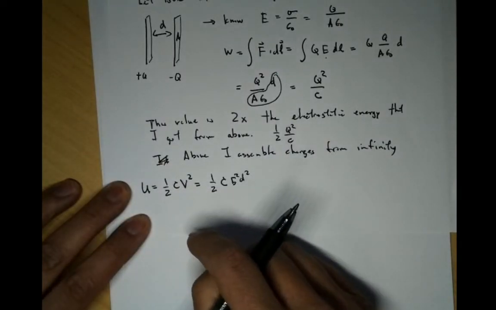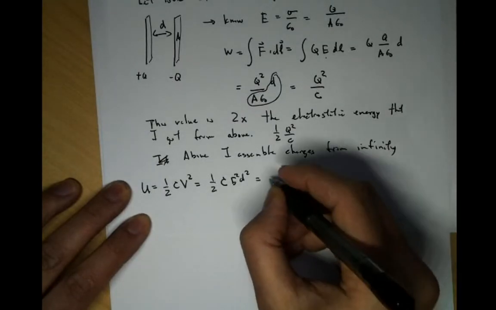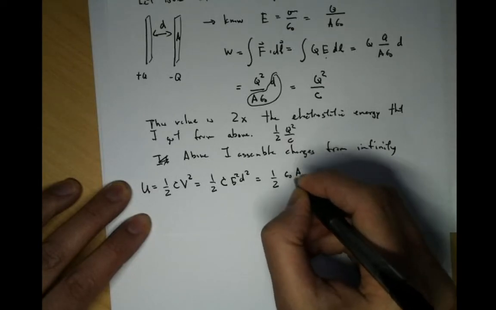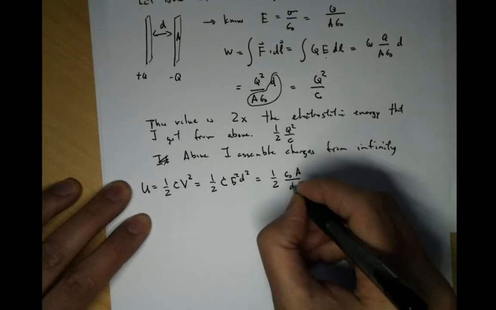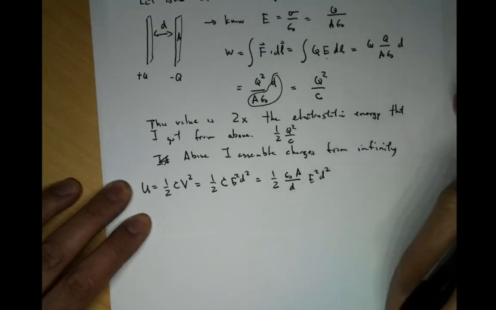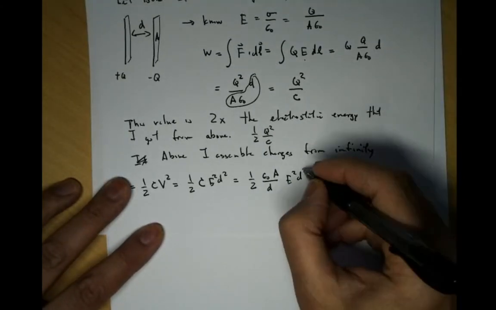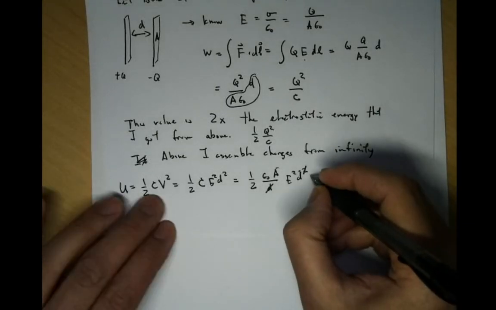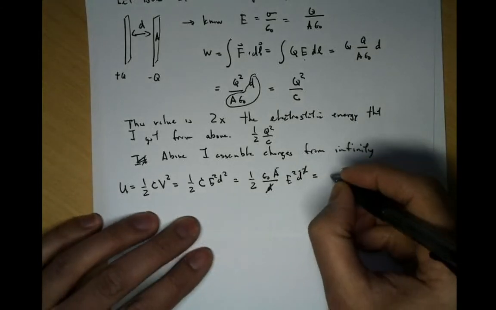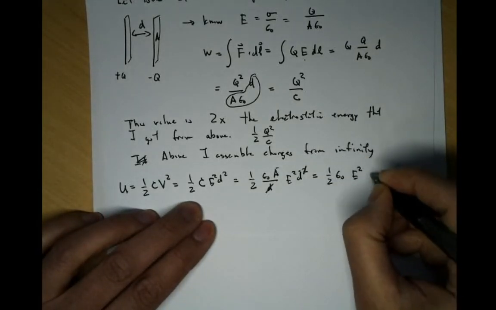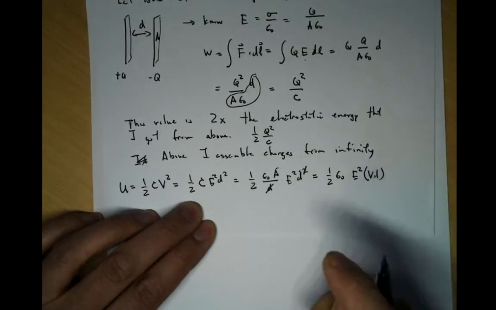And so what we have is 1/2, where C is now epsilon naught A over d, times E squared d squared. Let's cancel that. A times d is the volume. So it's 1/2 epsilon naught E squared times the volume.